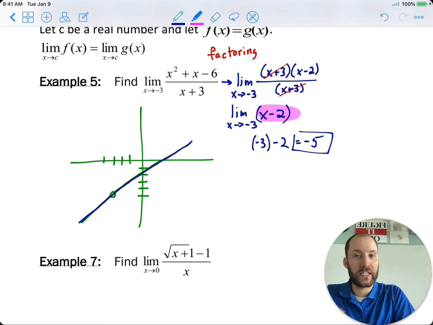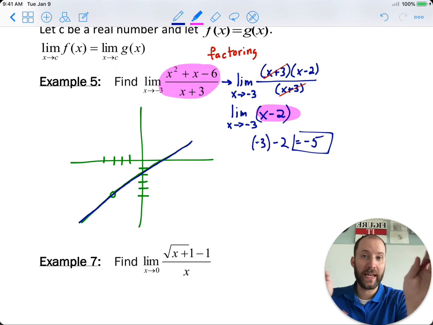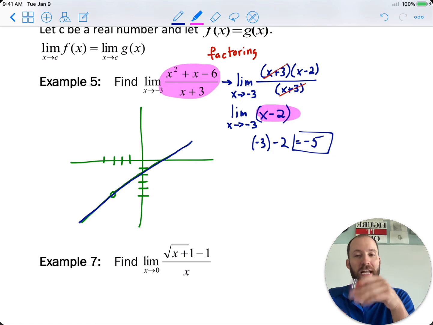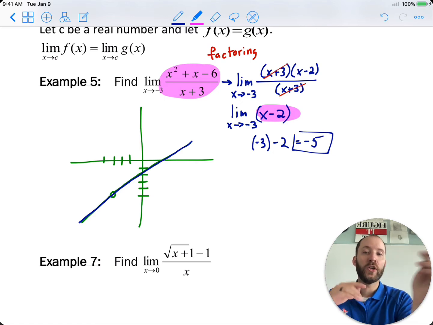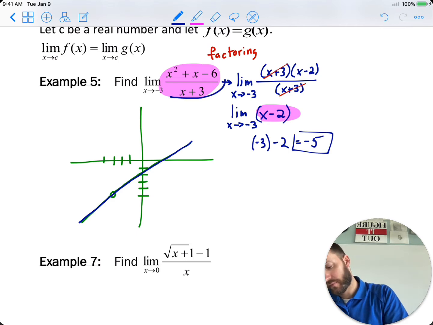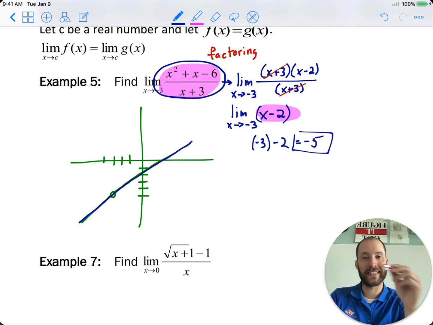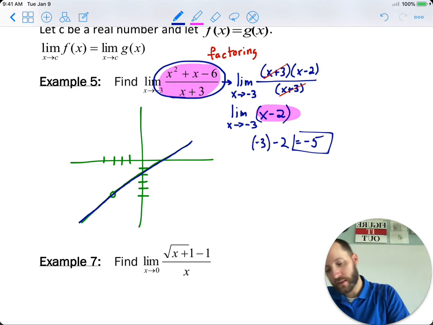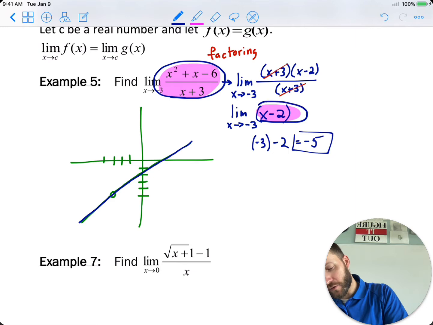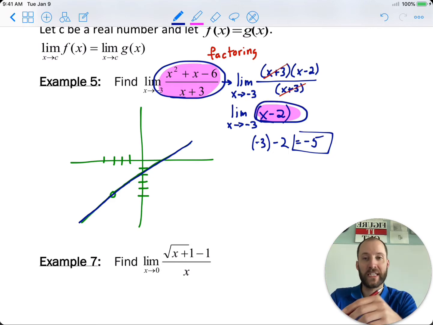Because x minus 2 and your fraction are pretty much the same. They are the same everywhere, except at negative 3. So where the rational function has a hole, doesn't exist at negative 3, the linear function plugs that hole and gives you the missing information.